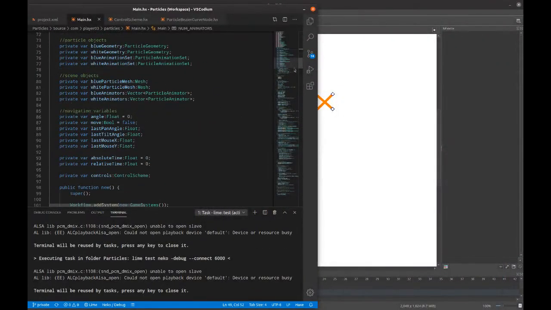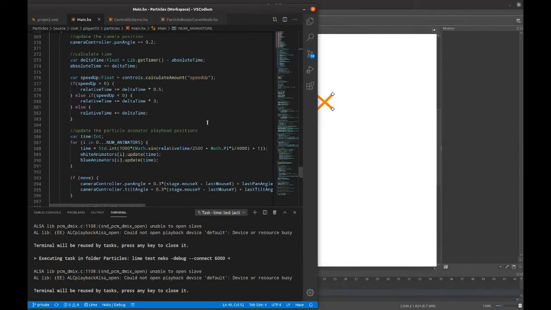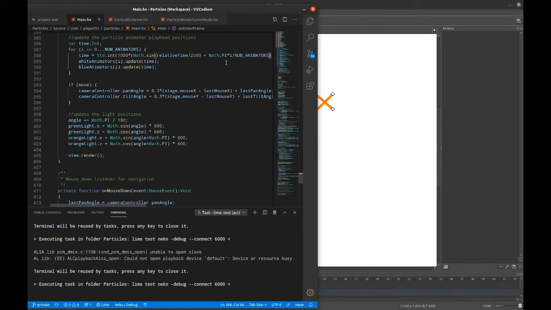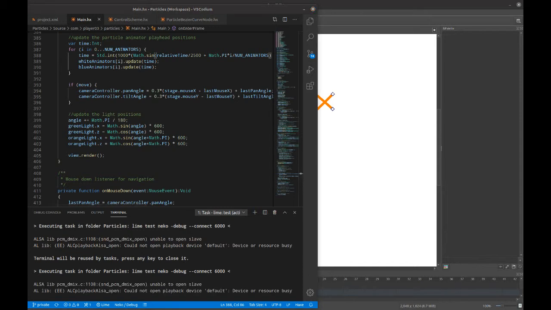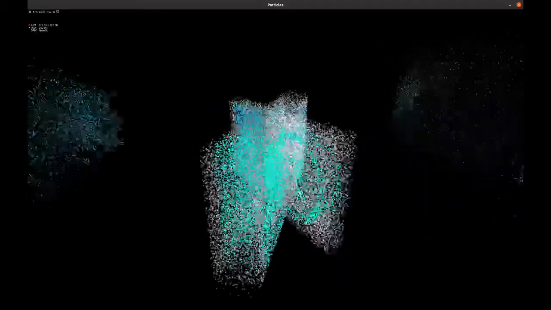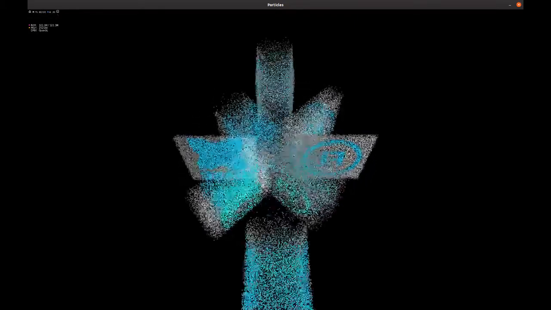Oh, actually, I do want to change one more thing. I want to offset these animations again, which now means that there'll be, okay, so yeah, I know it's complicated.